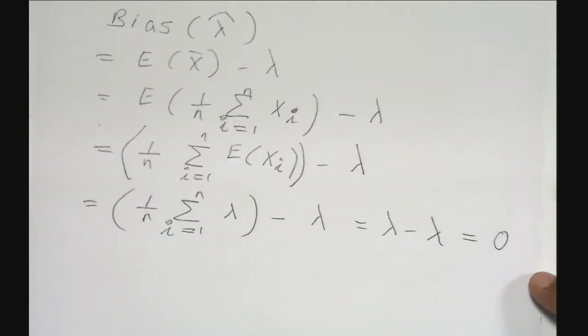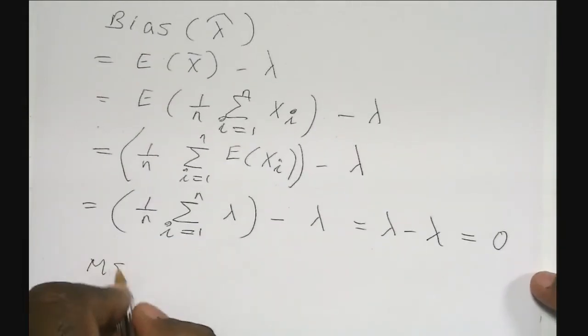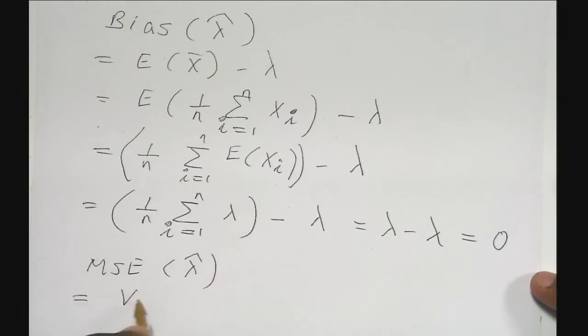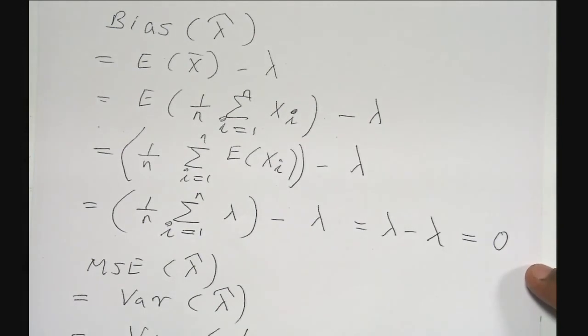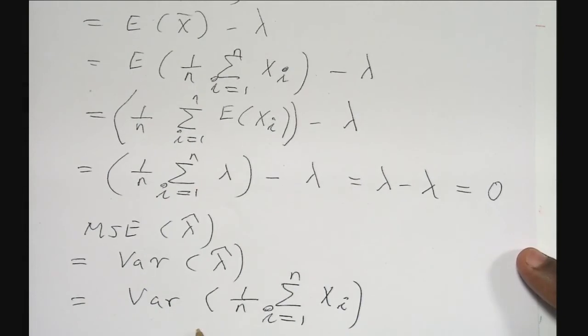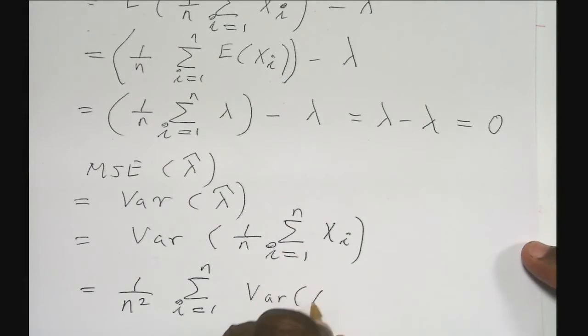It's trivial, right? Now to find the MSE of the estimator for lambda, remember MSE is the same as the variance when the bias is 0. So this is the variance of 1 over n times the sum of xi, which is 1 over n squared times the sum of the variance of xi.